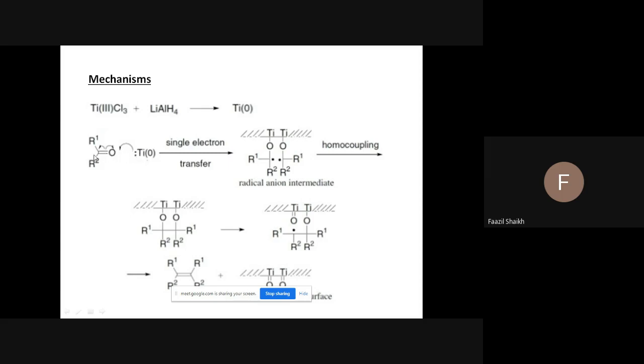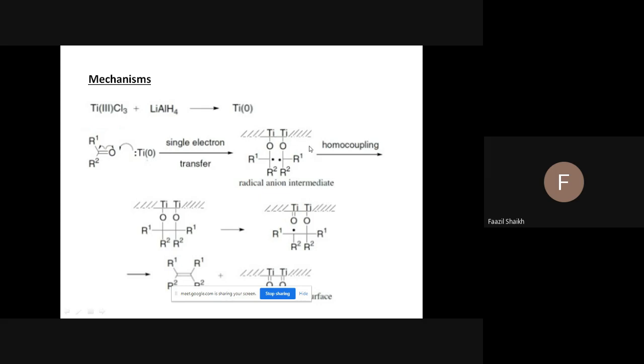Similarly, the double bond also undergoes homolysis and there is formation of one radical here, and the attachment will be like this: a single bond, then an oxygen-titanium bond. One molecule is attached like this, you see here, and there is a radical at this carbon. The next titanium will also react with another molecule of ketone or aldehyde by single electron transfer, and they will form like this.